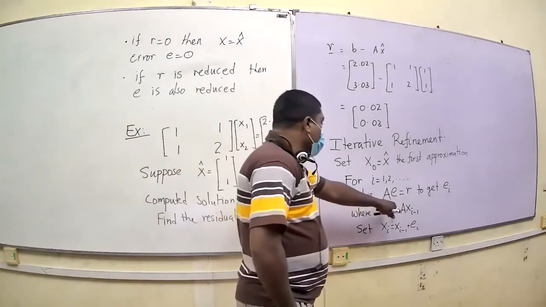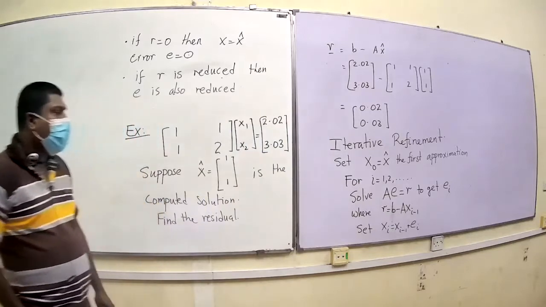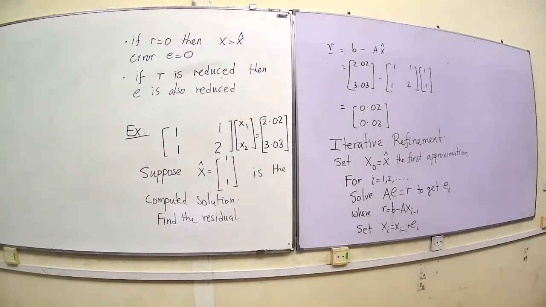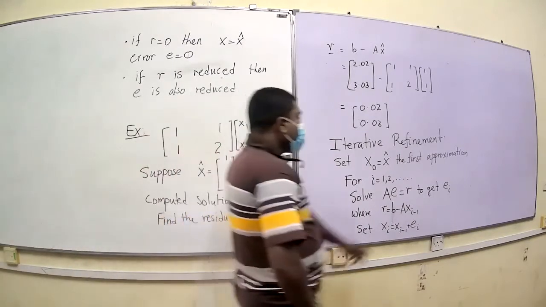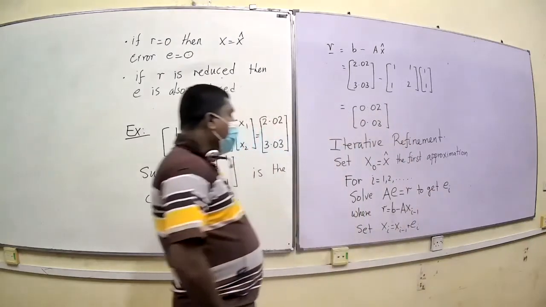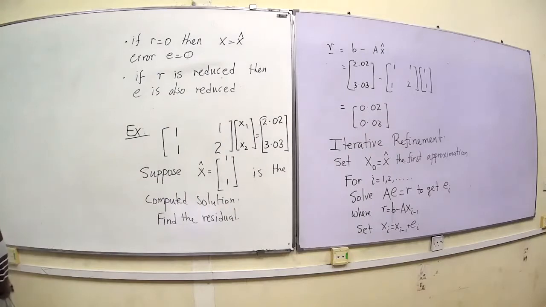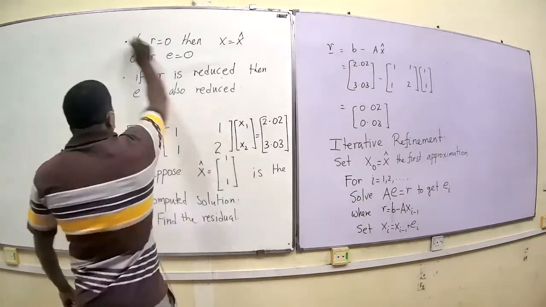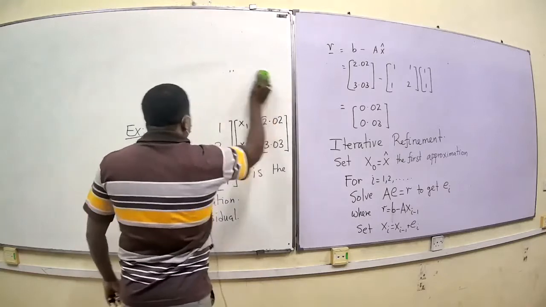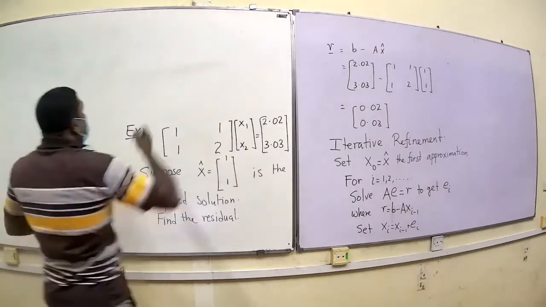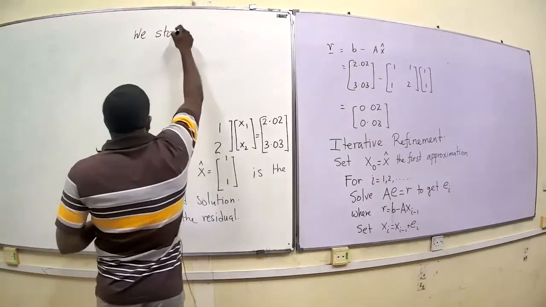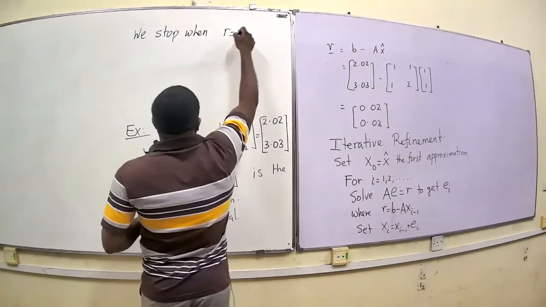Once you find r, you can solve the system A e equals r and get a solution for that system, known as e i. Then you update x i minus 1 by adding e i.